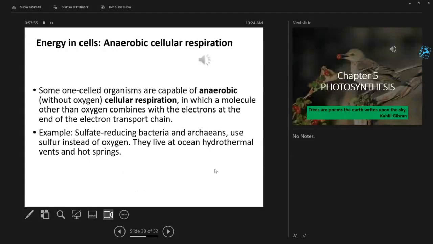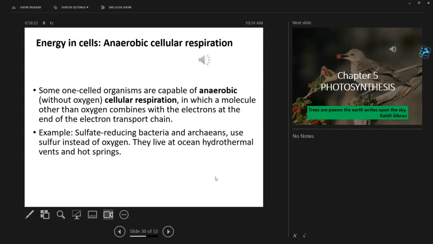And there are also a few kinds of one-celled organisms that can do yet another kind of process for breaking down nutrients, and that's called anaerobic cellular respiration. Fermentation is also anaerobic, but this is different. There's only some bacteria and archaea.